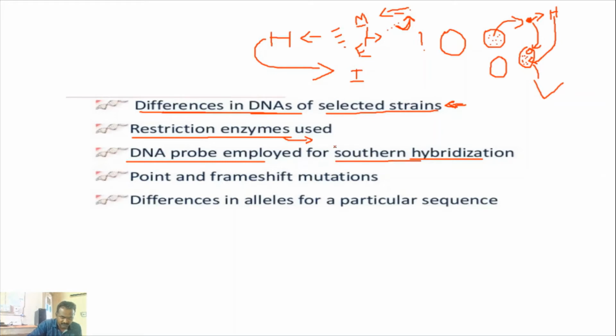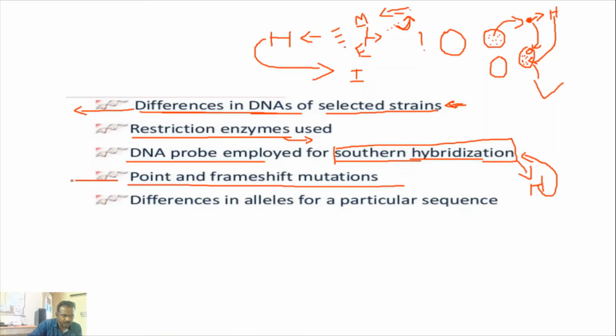Southern hybridization is a part of the RFLP because this is a non-PCR based technique. Instead of PCR, we use the southern hybridization technique during the RFLP. Southern blotting is a part of the RFLP. These two are completely different. So this is the first point for which we can do the RFLP.